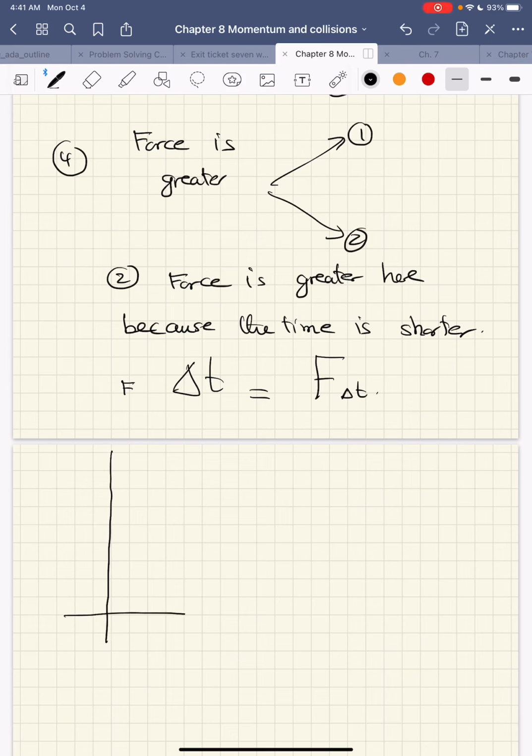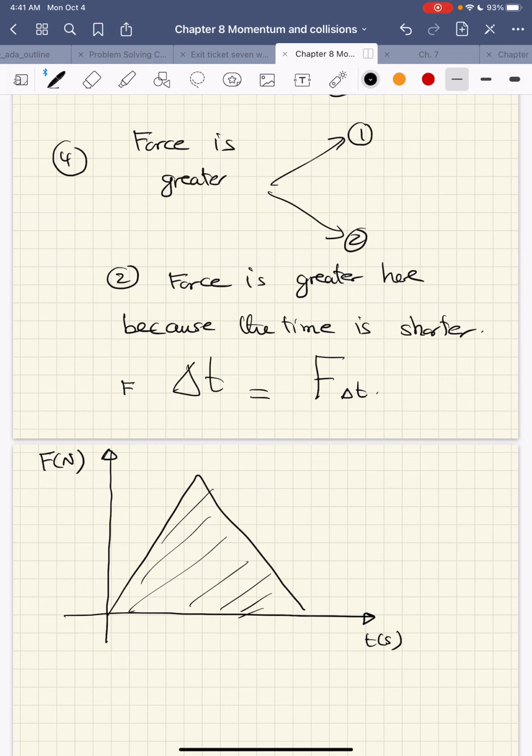Now, it is sometimes good practice to calculate the impulse using the area under the curve when we plot, maybe any type of graph. Then you will find the impulse from the area under the curve or the graph.